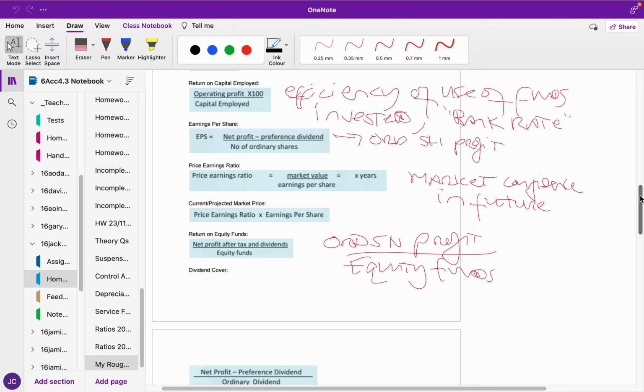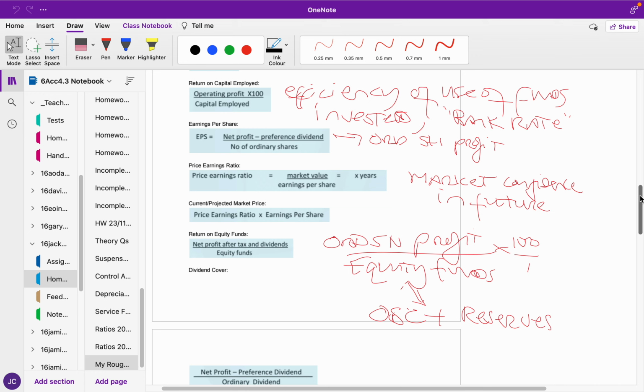So how much money has been made only from the ordinary shareholders' money compared to the amount that they've actually put in? And remember, equity funds, just put down beside it, that's ordinary share capital plus reserves.